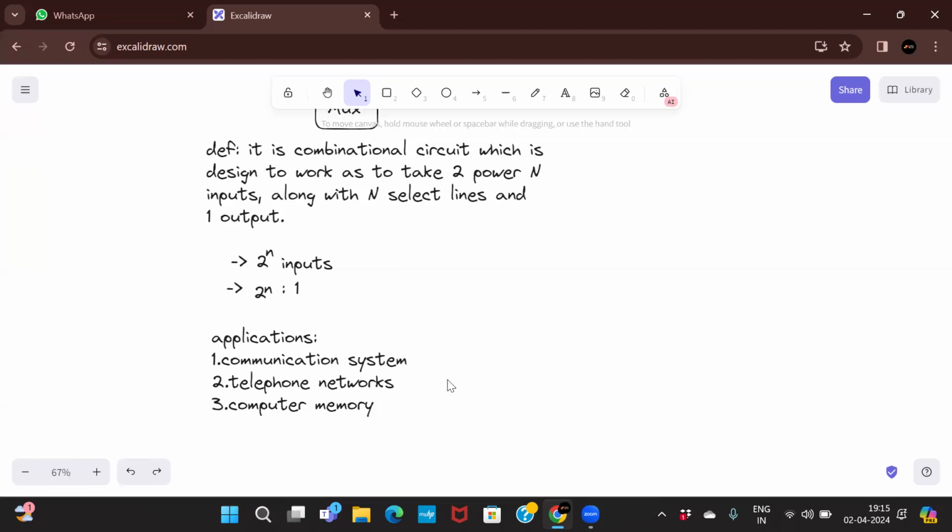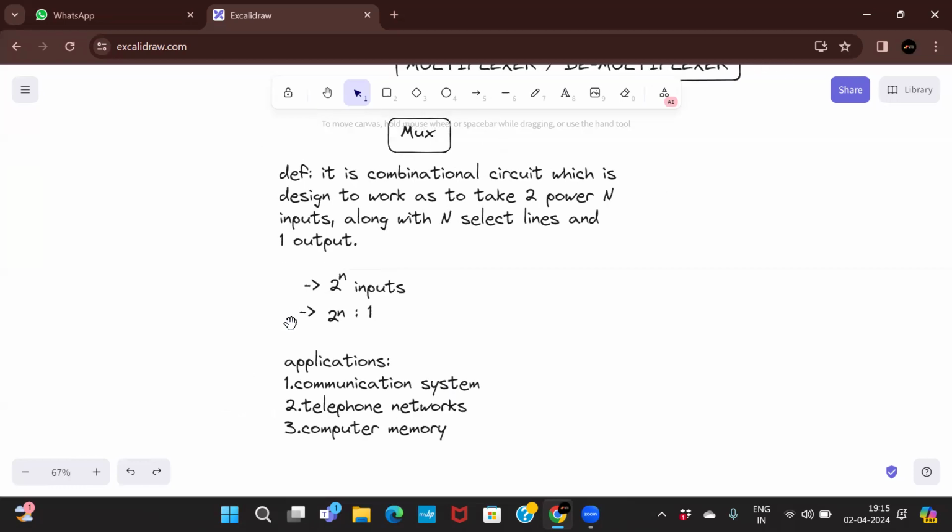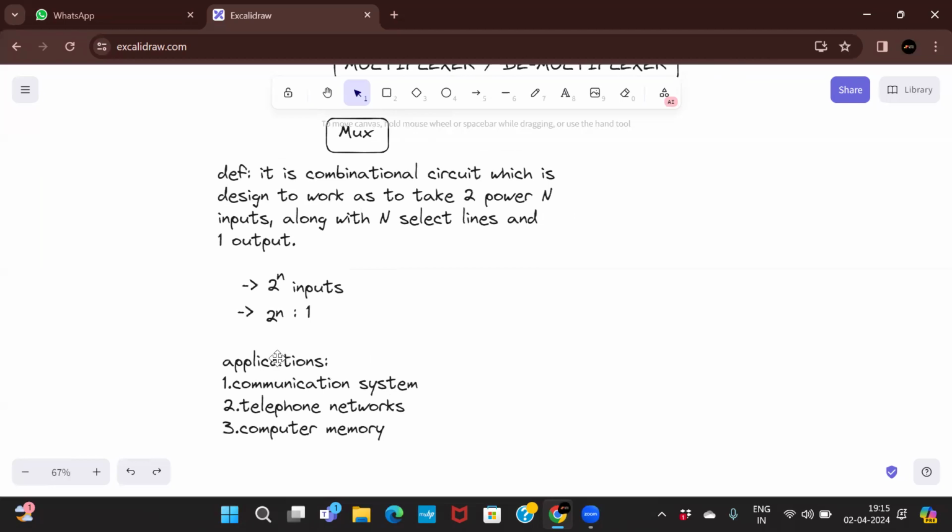Okay, this is the basic definition and applications of the mux.